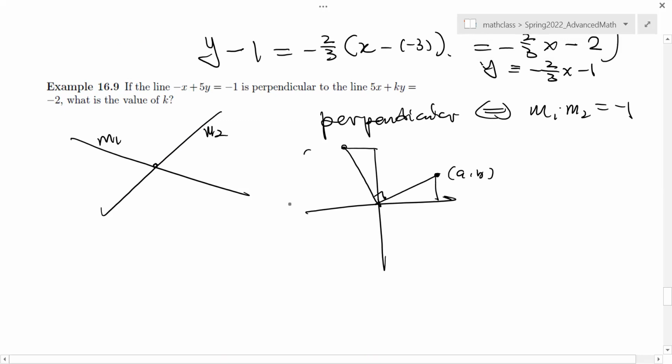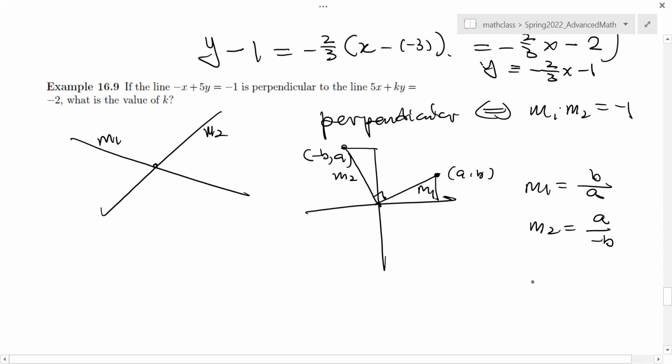So the coordinates of this one will be: the first coordinate is -b, the second coordinate is A. As long as you draw this picture, it's clear, right? Let's find m1 and m2. m1 is clearly B minus 0 over A minus 0, so B over A, right? For m2, the y coordinate is A and the x coordinate is -b, so it's A over -b.